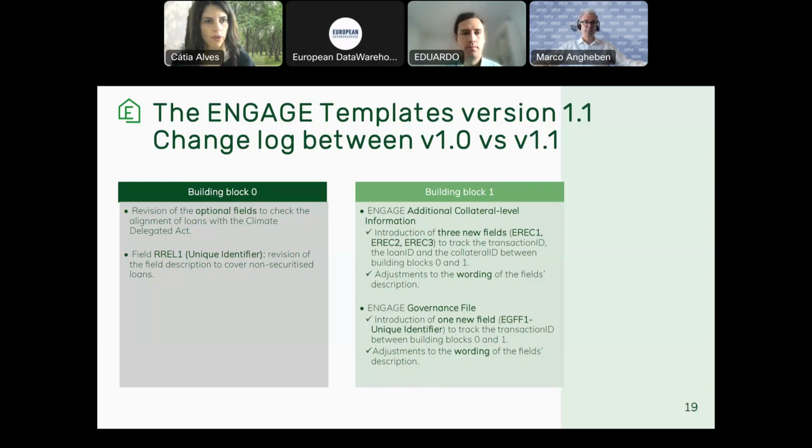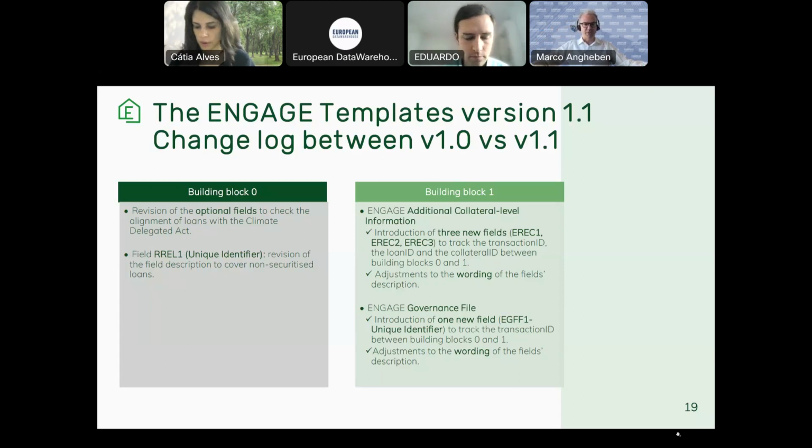In terms of the building block 1, we have introduced 3 new fields. Those are necessary in order to track the transaction ID, the loan ID, and the collateral ID between the building blocks 0, the one of ESMA, and the number 1, the one under the Engage templates.